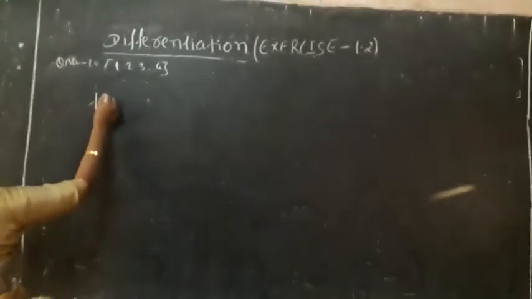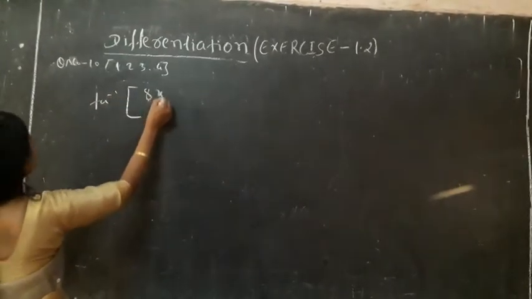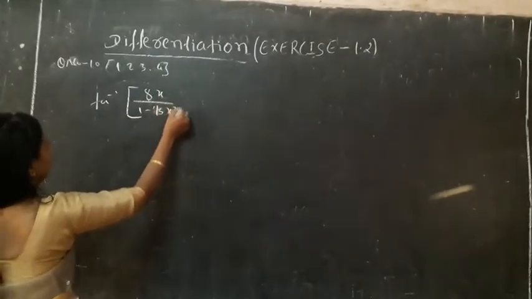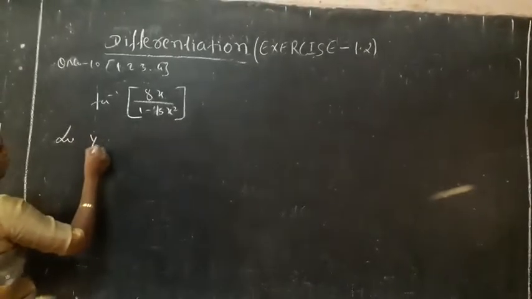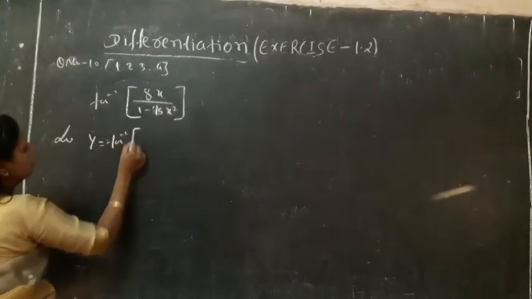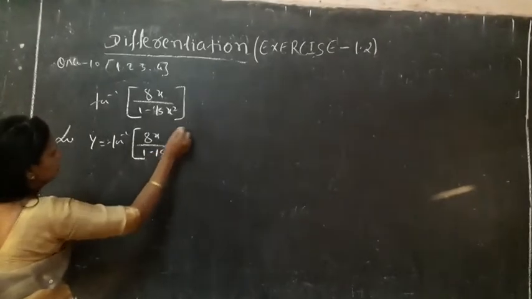First one is tan inverse of 8x upon 1 minus 15x square. First define the function y equal to tan inverse of 8x upon 1 minus 15x square.